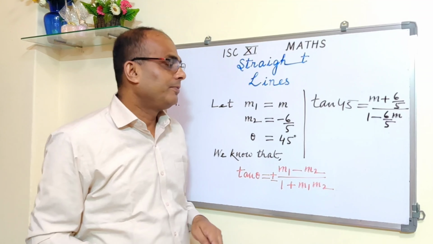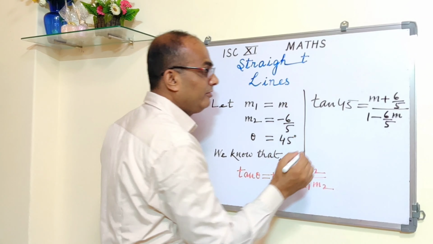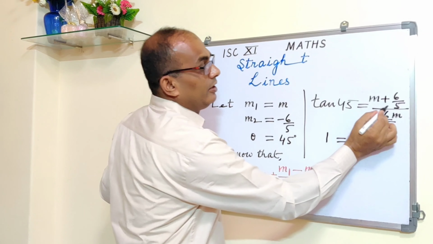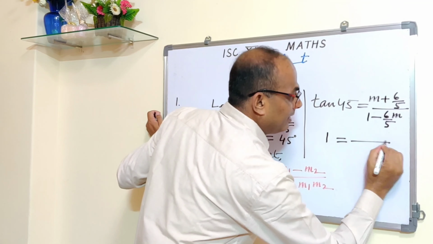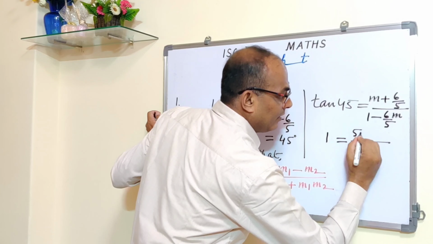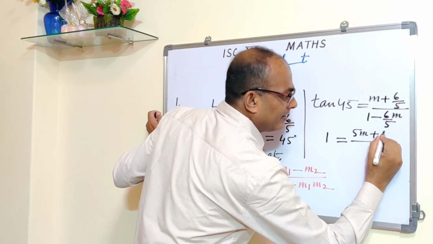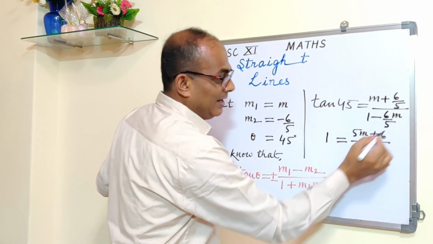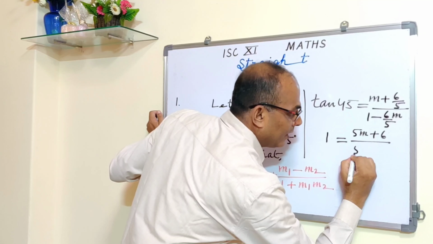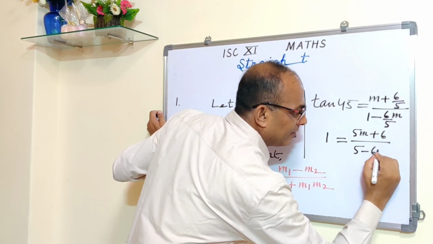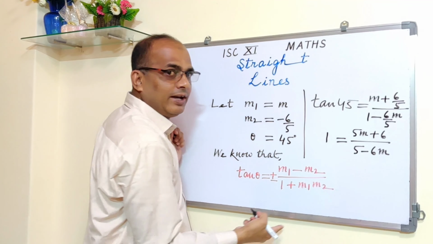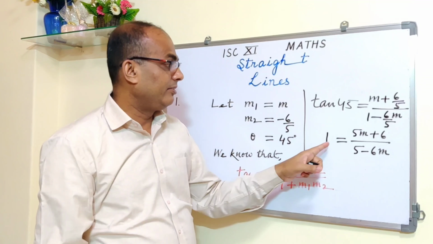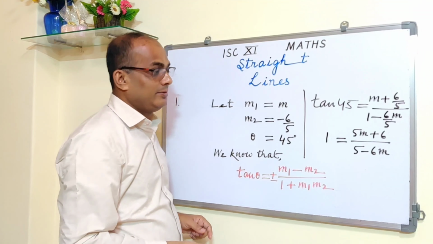Now tan 45 is 1, so we can write 1 is equal to 5m plus 6, whole divided by 5, upon 5 minus 6m, whole divided by 5. So this 5 and that 5 cancel each other. We are left with 1 is equal to 5m plus 6 upon 5 minus 6m.